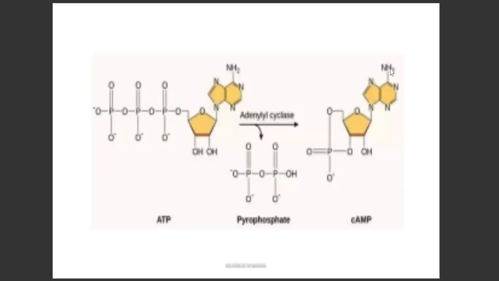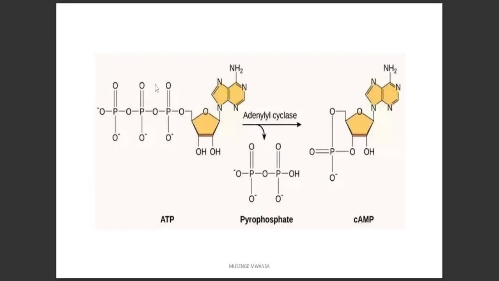So then what happens? The causative agent of cholera, Vibrio cholerae, releases a toxin. That toxin activates the enzyme adenyl cyclase.